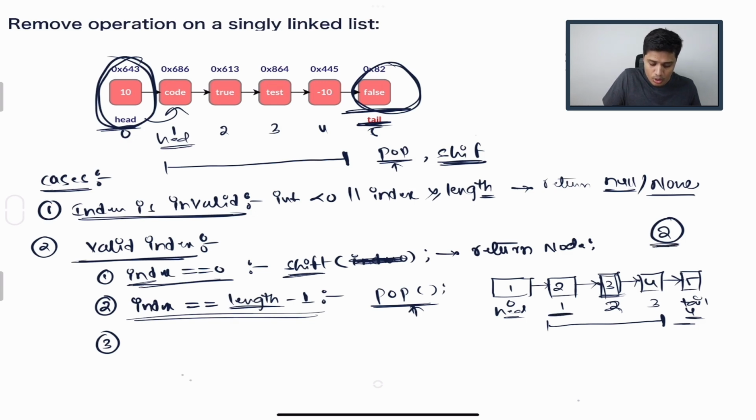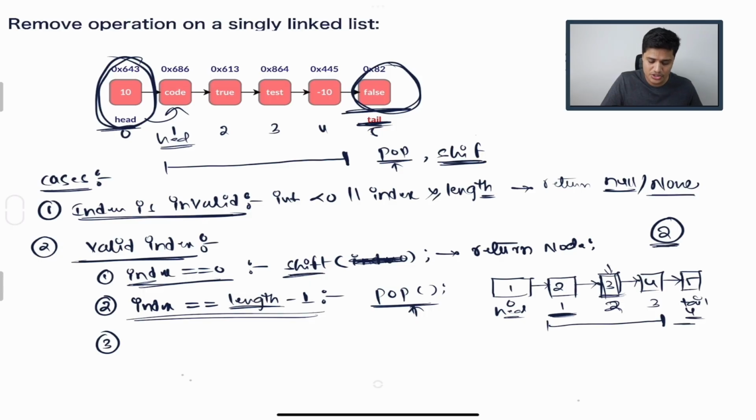So we will go ahead and get the node at the index 1th position, because index minus 1th node will contain the next or the reference of the node that is at the indexed position in the next variable of that particular node, right?